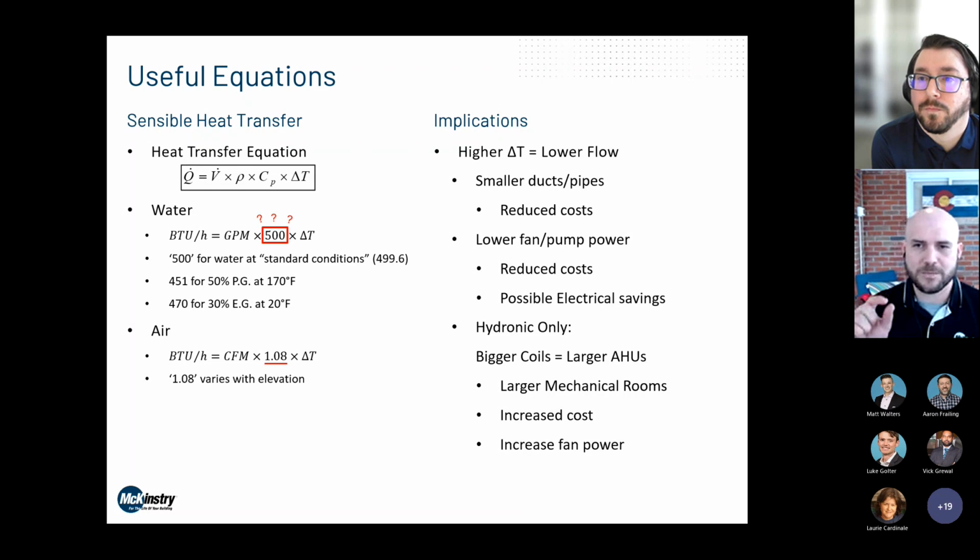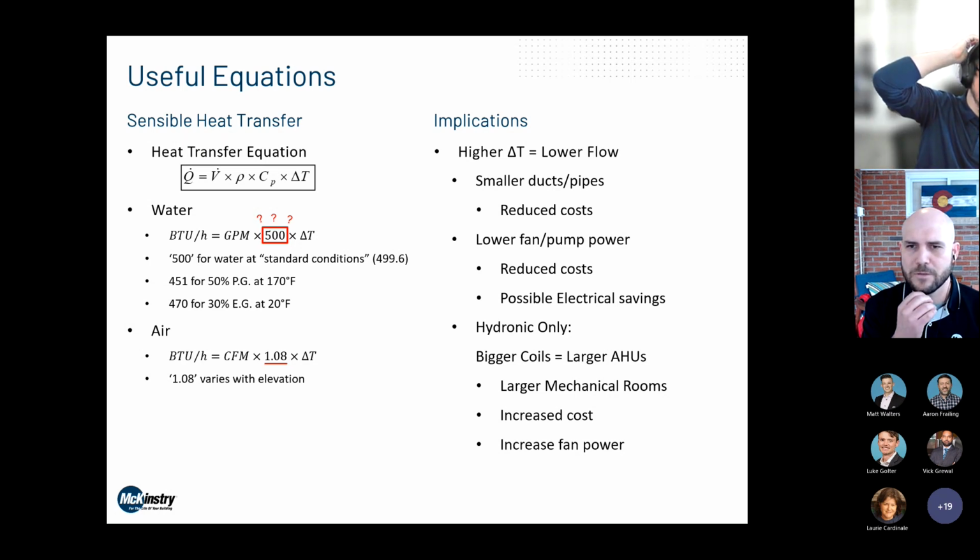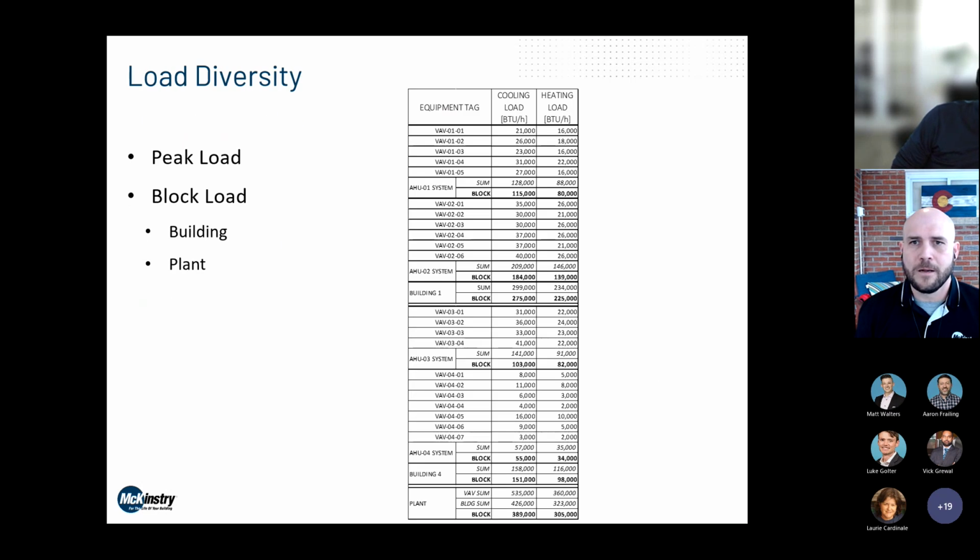So there's an aspect there. There's a sweet spot in the middle, and an optimization of that. I'm frankly not familiar with any software that has totally solved that yet, but there is a middle of the road. People don't like going too far in one direction, but you do bump up against this limit as you try to increase delta T in systems.